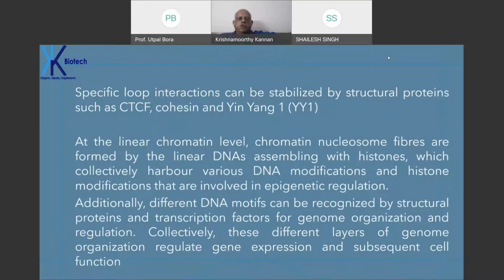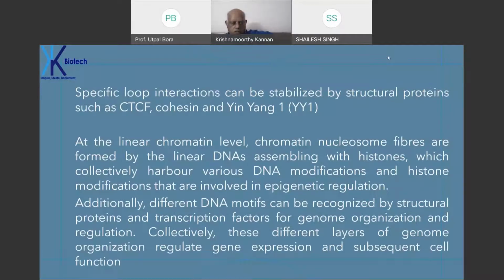Specific loop interaction can be stabilized by structural proteins such as CTCF, cohesin, and YY1. So these are all words you will keep hearing in the next 4 to 5 days. At the linear chromatin level, nucleosome fibers are formed by the linear DNA assembling with histones, which collectively harbor various DNA modifications and histone modifications that are involved in epigenetic regulation.